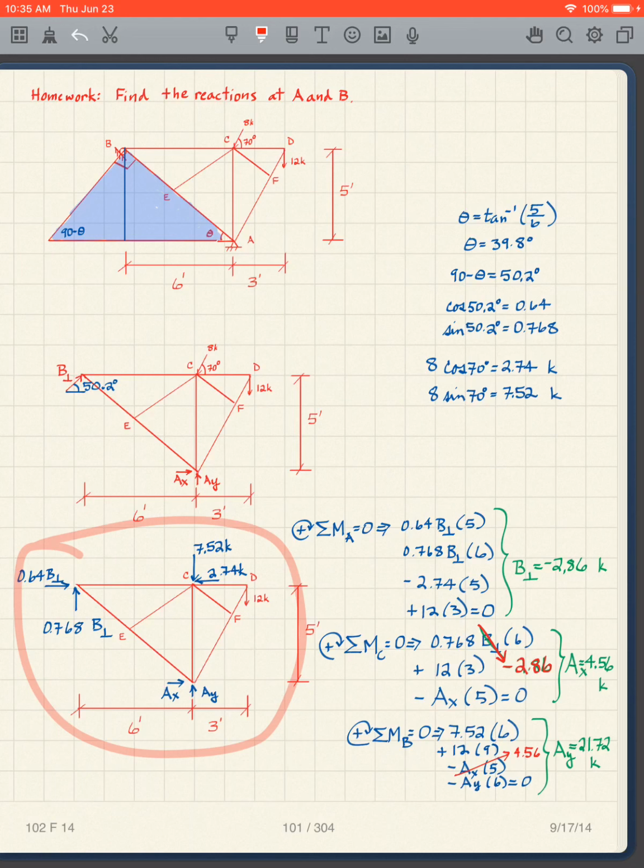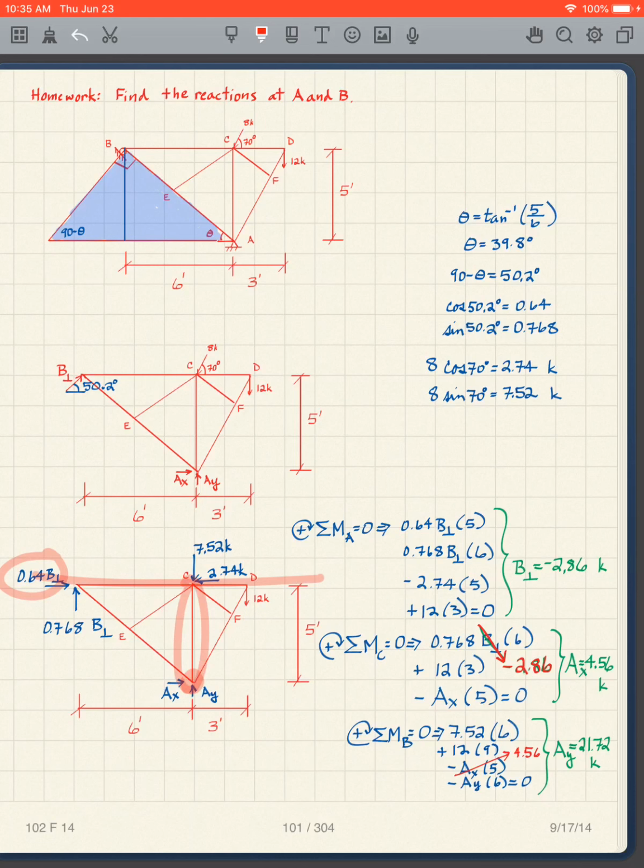our initial free body diagram, and I'm now going to take moments about A. So there's A. Notice that this force goes through the point, so we don't need to consider it. And so we have 0.64 B perpendicular times this distance. That's the line of action. We have 2.74 times that distance, same distance.